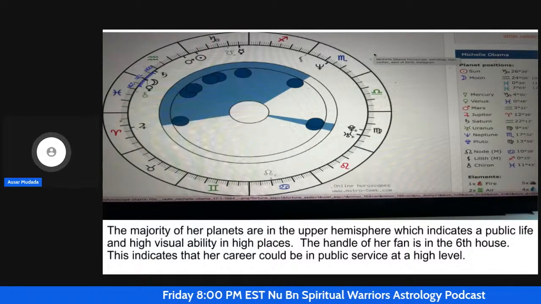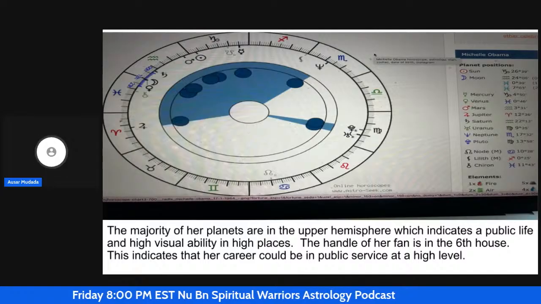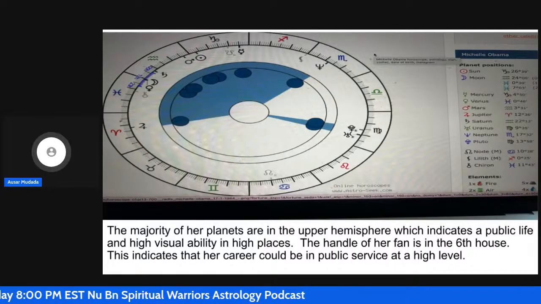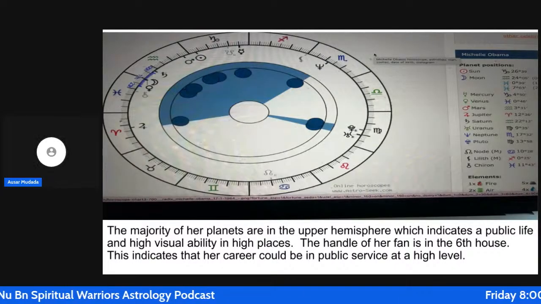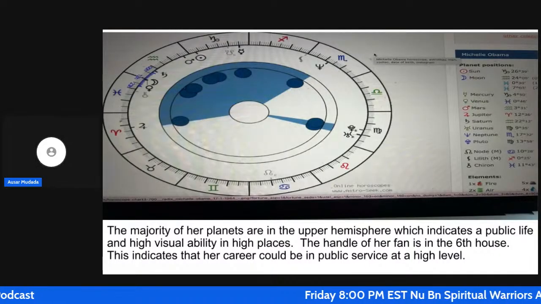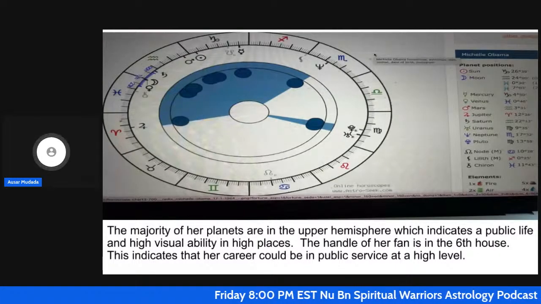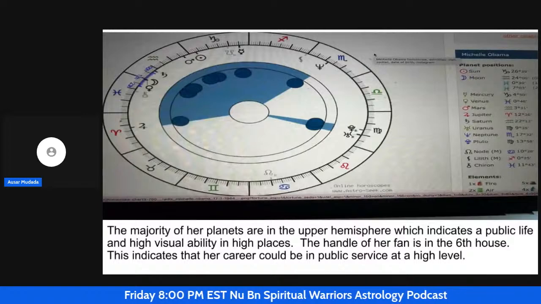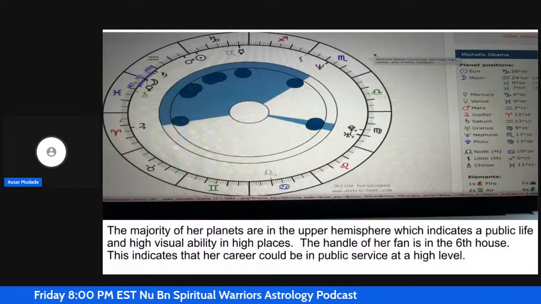The majority of her planets are in the upper hemisphere, which indicates a public life and high visibility in high places. Meaning you will see her on TV all the time.